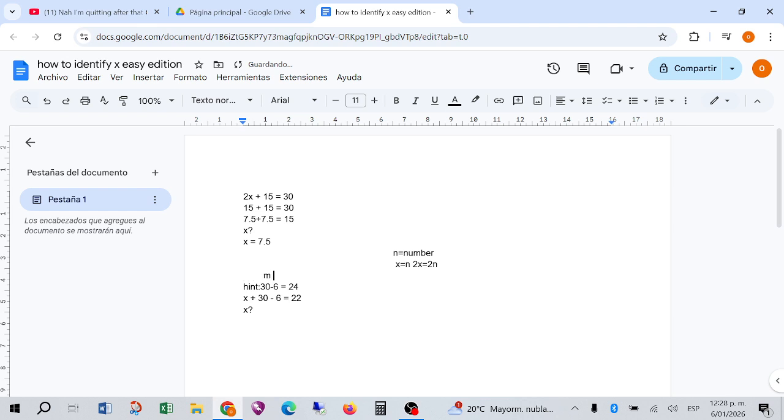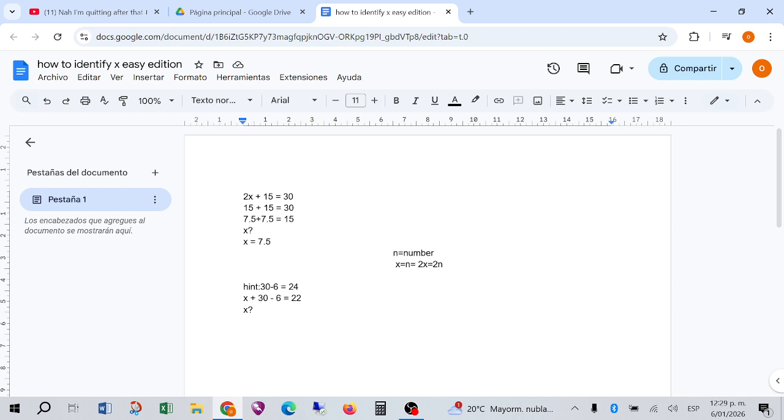But there's also another theory. Basically, if x equals n, then n goes up. If x equals n, then 2x equals 2n because it's plus.